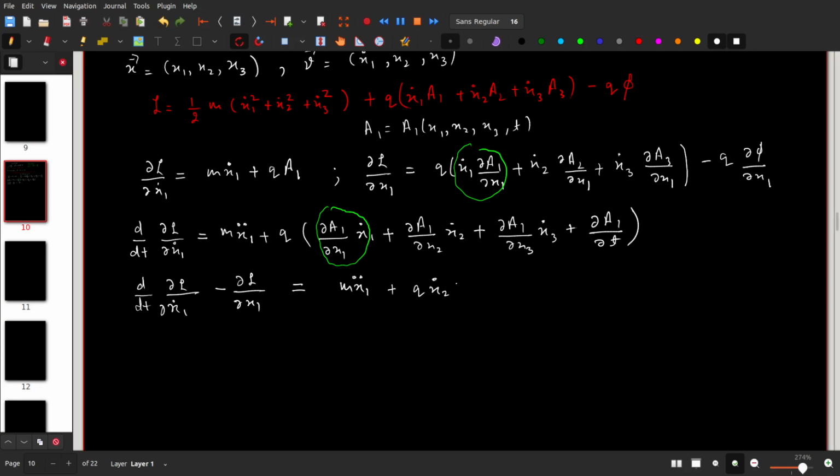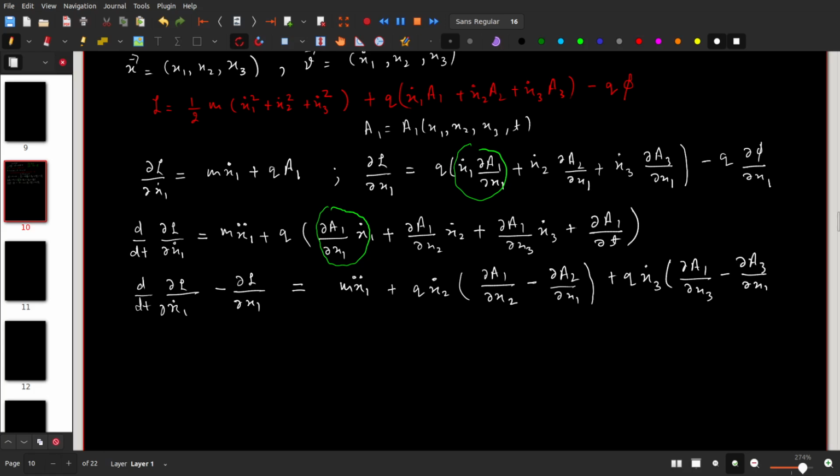We take x2 dot common, and then we'll have ∂A1 with respect to x2 minus ∂A2 with respect to x1, plus q x3 dot times ∂A1 by ∂x3 minus ∂A3 by ∂x1, this term here, and plus q ∂phi by ∂x1. We also have this q ∂A1 by ∂t.